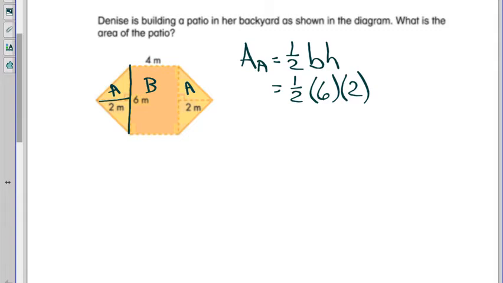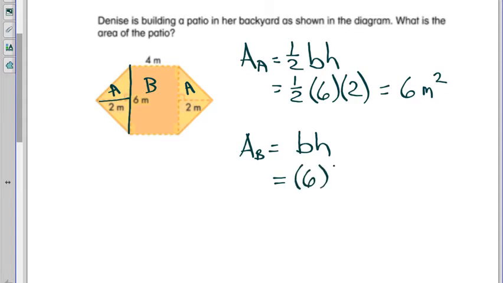They are all meters in this problem, though, so I don't have to worry about converting units or anything like that. And anyway, when I multiply this, half of 2 is 1, and 1 times 6 is 6 meters squared. For shape B, the area of shape B, that's a rectangle, so that's base times height. And that's going to be 6 meters times 4 meters, which is 24 meters squared.